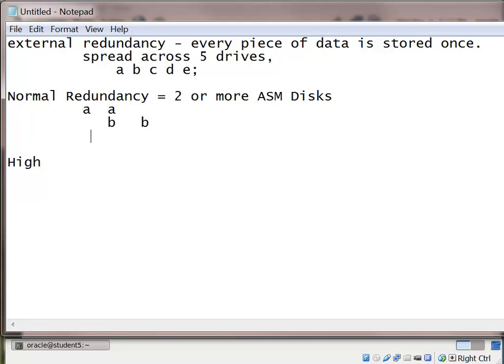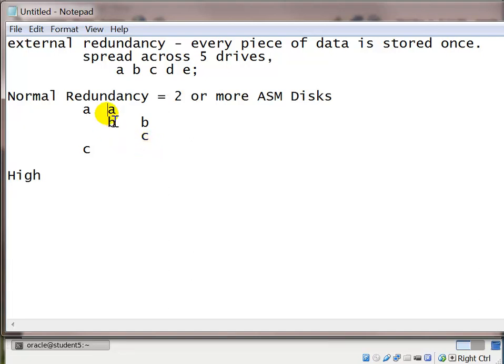okay. All right, so let's suppose we put 3 drives in a normal redundancy, and you decide to store the letters ABC. Okay, so it will be stored this way. So in case you lose any one of the drives, such as you lost the middle, you still have the whole data available. Okay, so if you lose 1 out of the 3 on the normal redundancy, it's a matter of rebalancing the disk.